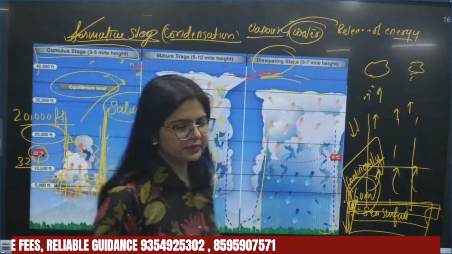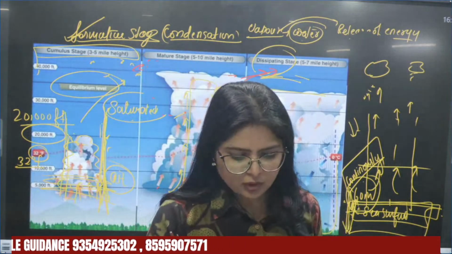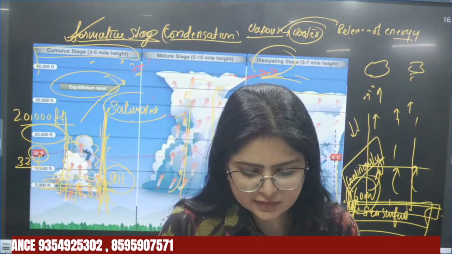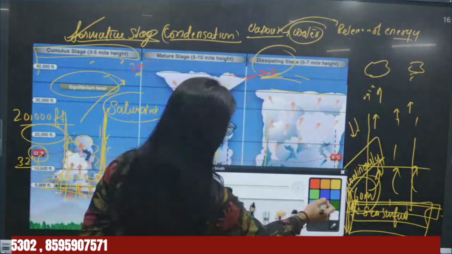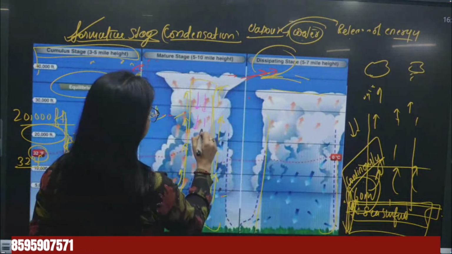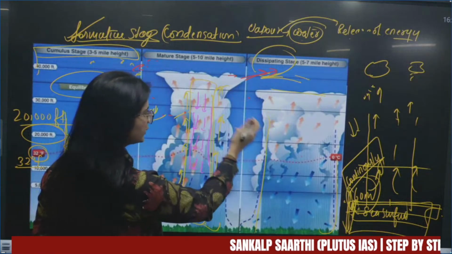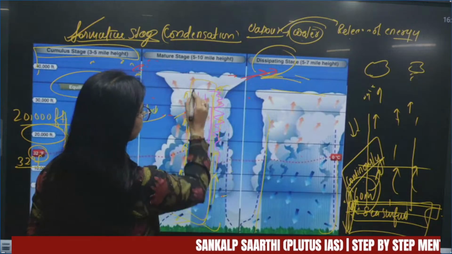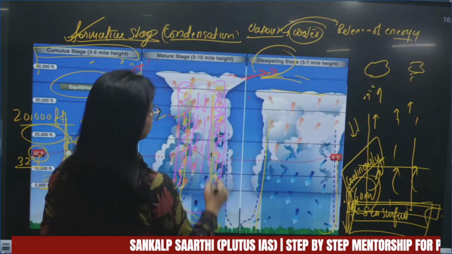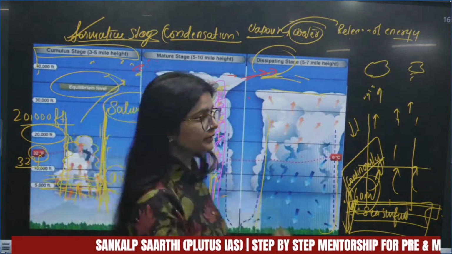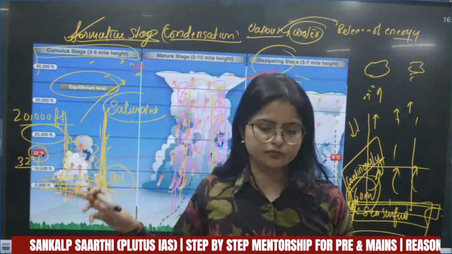The rising air will increase the temperature at the core of the disturbance through release of latent heat. आपको याद है यहाँ पे डिसेंडिंग हो रहा था, this area it is descending. जैसे डिसेंड हो रहा है तो क्यों हो रहा है? बिकॉज इसका हीट रिलीज हो रहा है. हीट कहाँ रिलीज होगा? यहाँ पे रिलीज हो जाएगा. जब हीट यहाँ पे रिलीज हो जाएगा तो ये और इंटेंसिफाई हो जाएगा, this area. This will be more intensified, और ये more intensify हो जाएगा, so definitely it will create the condition that we are looking for.